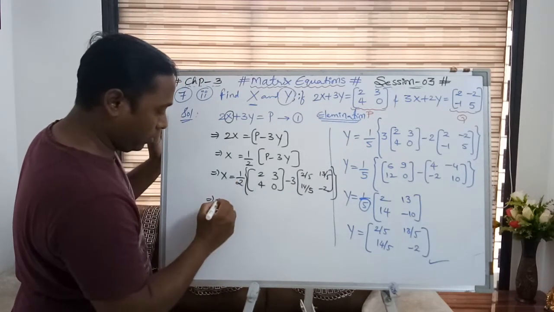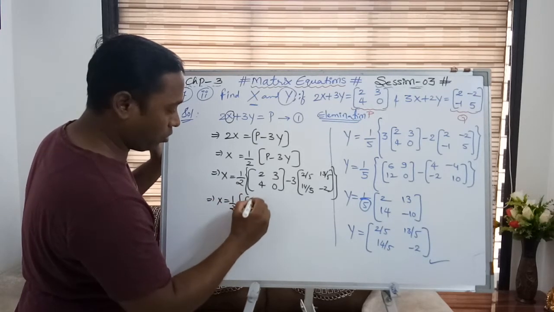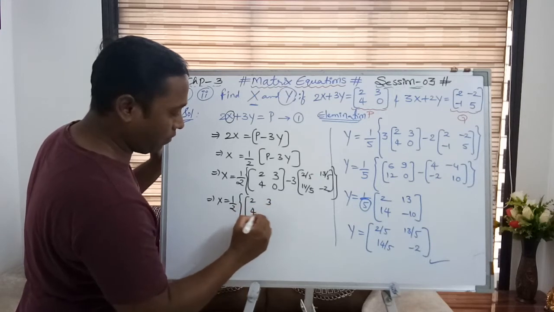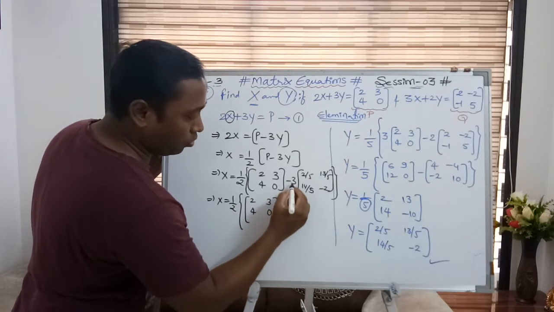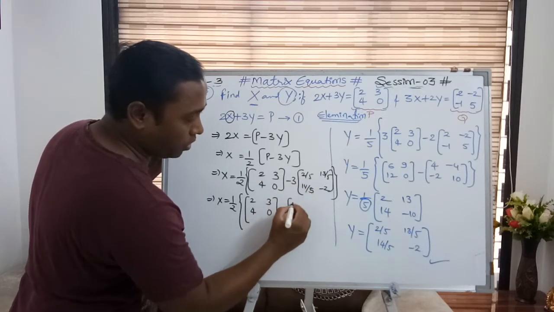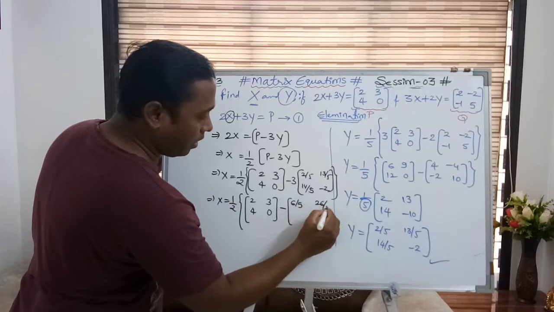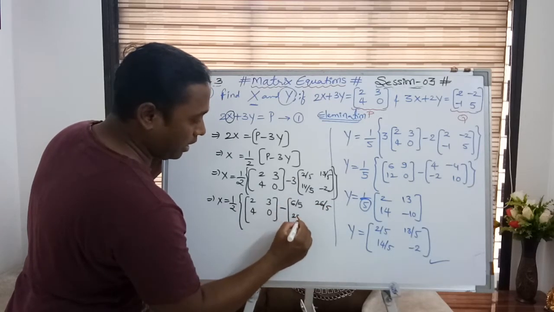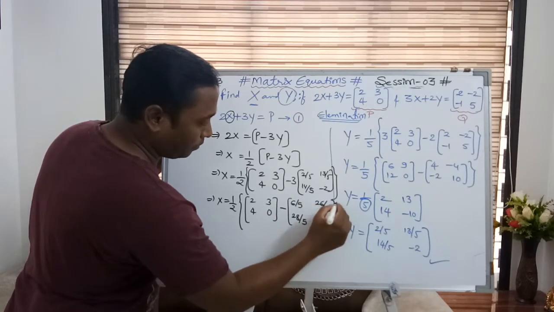Okay, we'll keep 1 by 2 as it is. First matrix also as it is, 2, 3, 4, 0, minus, multiply by 3, the numerator will be multiplied. So 3 2s are 6, 6 by 5, 26 by 5, 28 by 5, minus 6.